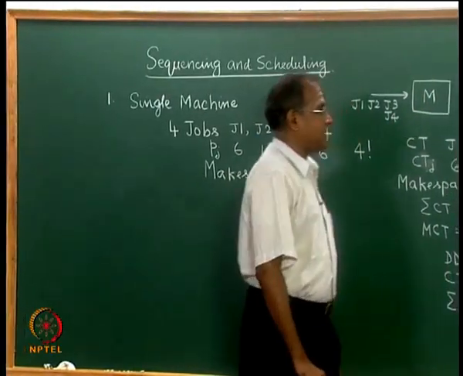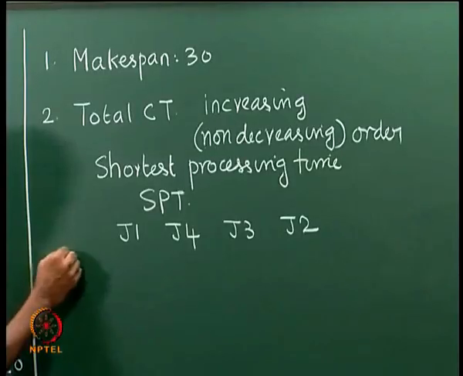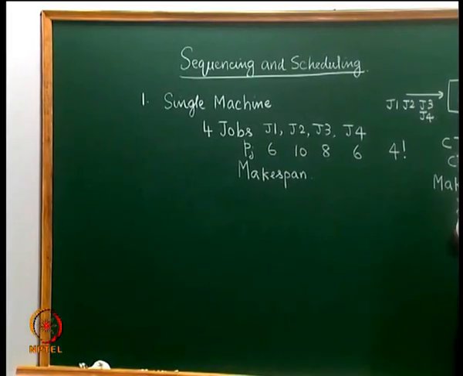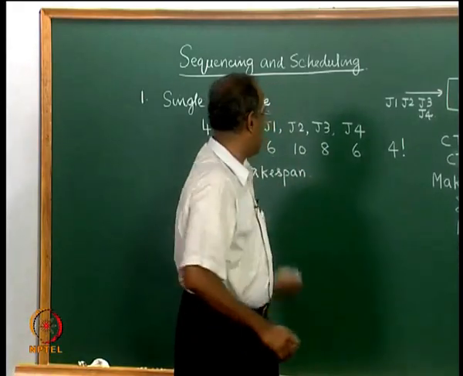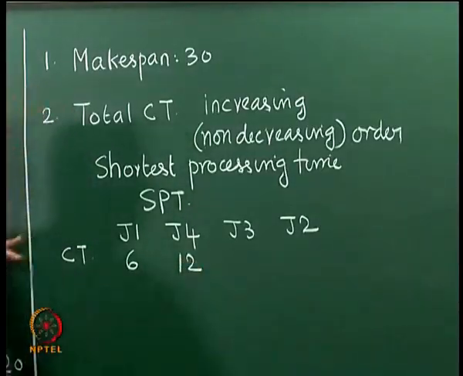Now the moment we order them in J1, J4, J3 and J2, the completion times are: J1 has a processing time of 6, so this is complete at time equal to 6. At time equal to 6 the machine takes up J4, takes another 6 units of time, so finishes at 12.